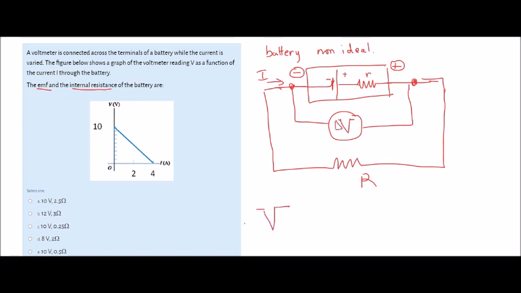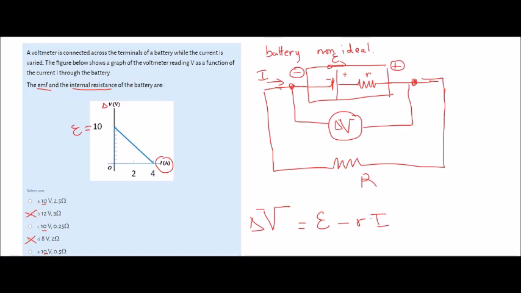It's delta V. What is delta V across the terminals of the battery? So this is the EMF, so it's E minus Ri. That's delta V. When current I is equal to 0, delta V is equal to what? E. That's the EMF. It could be this, it could be this, or it could be this. These two are wrong.